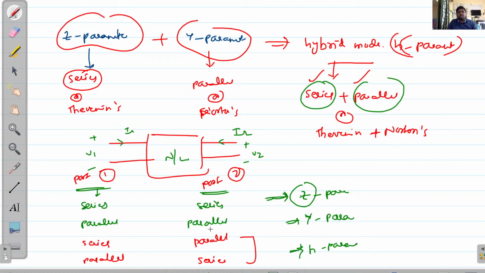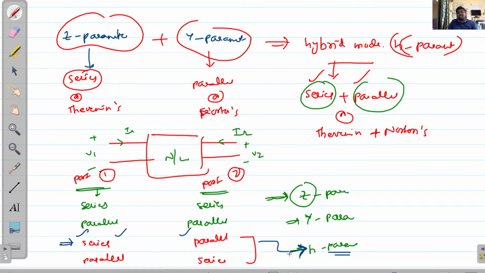If you take series and parallel configuration, that means port 1 series and port 2 parallel, then it is called H parameters. If you take port 1 parallel and port 2 series, that is exactly the inverse of the first case.